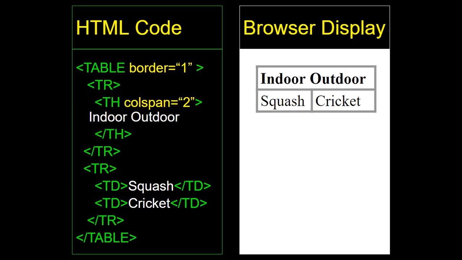Colspan means the current TH cell is expanded across 2 columns of the next row. Clear? Now squash and cricket, which are in separate data cells, have the same TH heading with colspan 2 and the value indoor, outdoor. Clear?